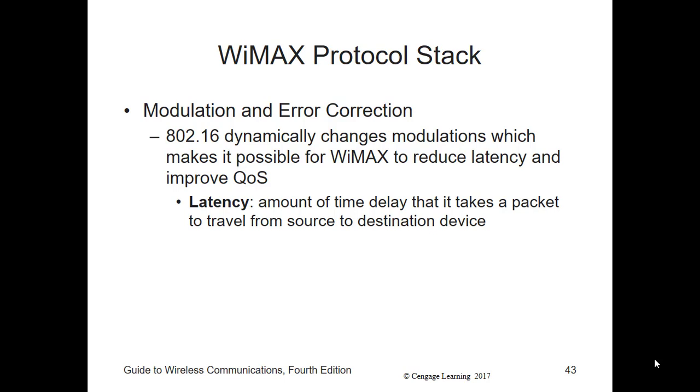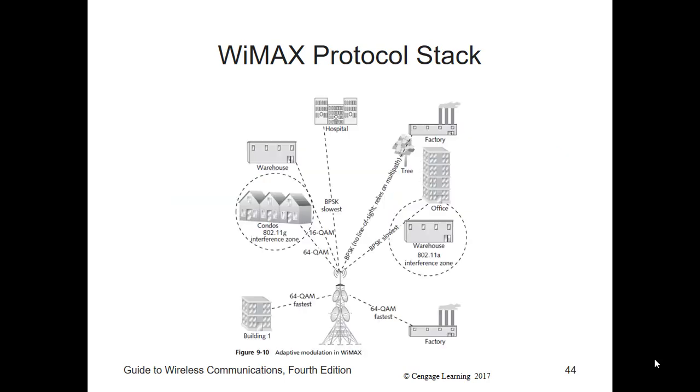Remember, latency is the amount of time delay it takes for a packet to travel from its source to its destination, not back again, just the source to its destination. So here you can see an example of how WiMAX can use different modulations, and adaptive modulation helps WiMAX use the channel bandwidth more efficiently.